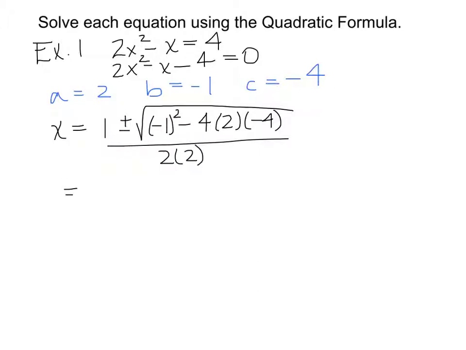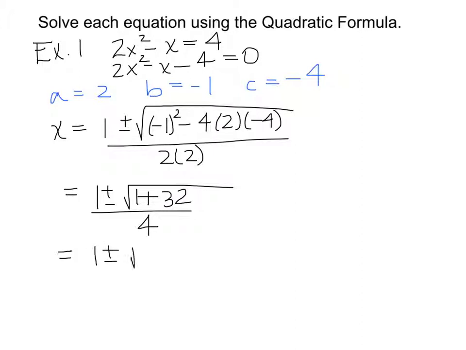And then from here it's just simplifying. So negative 1 squared is 1. Negative 4 times 2 times negative 4 is a positive 32, all over 4. And that'll make that 33.